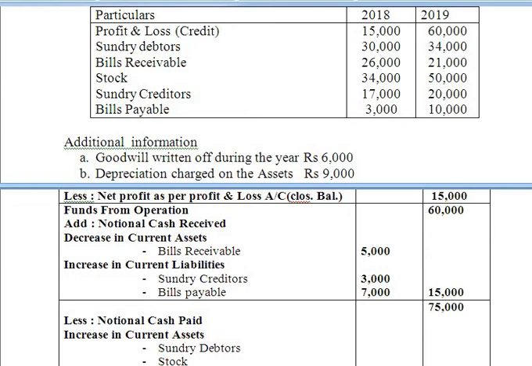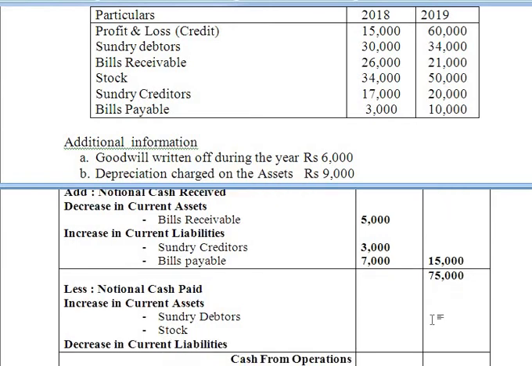And this 75,000 is the total cash available, we can say. Deduct notional cash paid. In notional cash paid, first one is increase in current assets. So here there is an increase in sundry debtors, so take the amount of increase in sundry debtors.